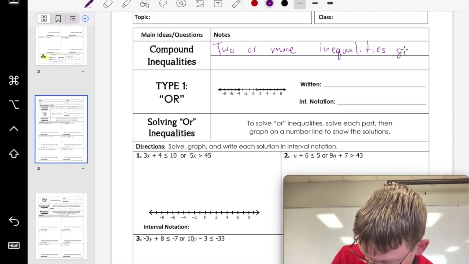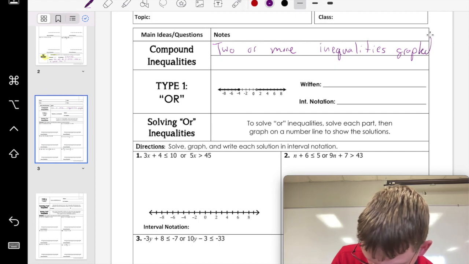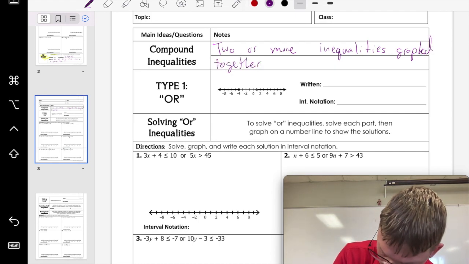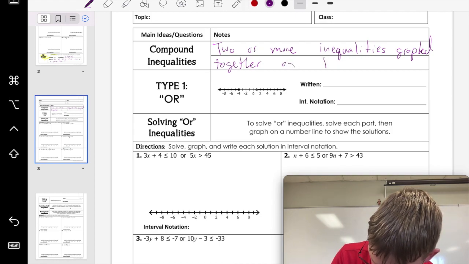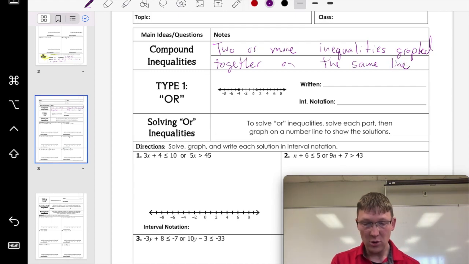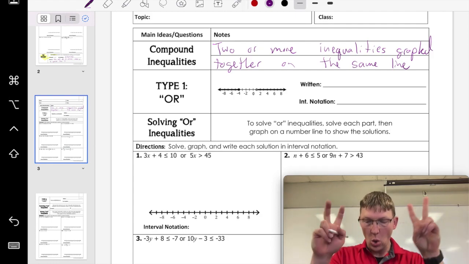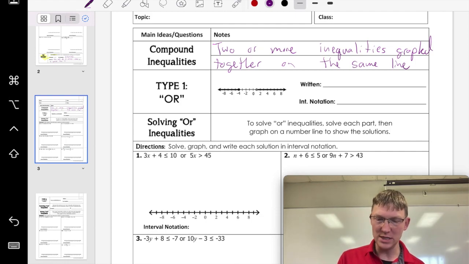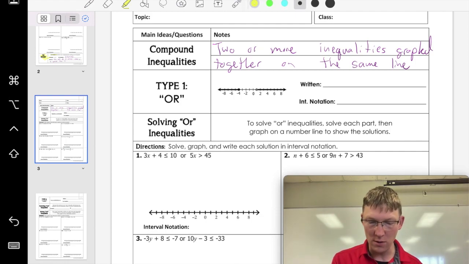There's two types of inequalities that we're going to talk about, the or inequalities and the and inequalities. That'll make more sense a little bit later. So we're going to start with the or.